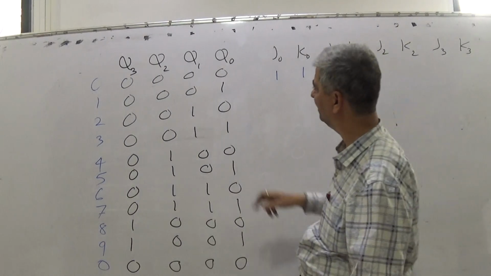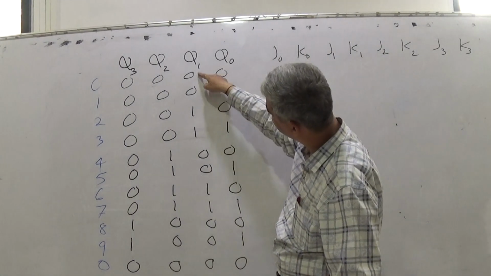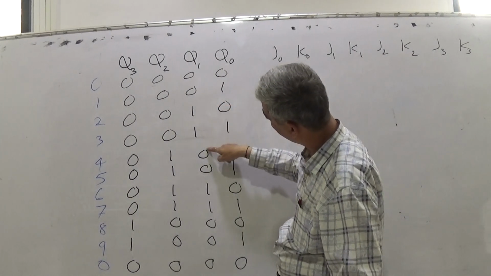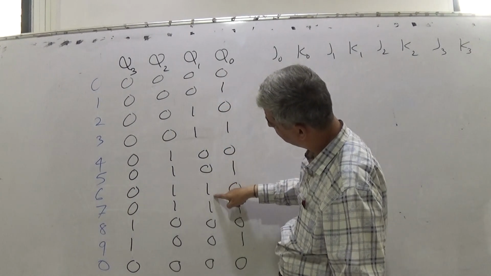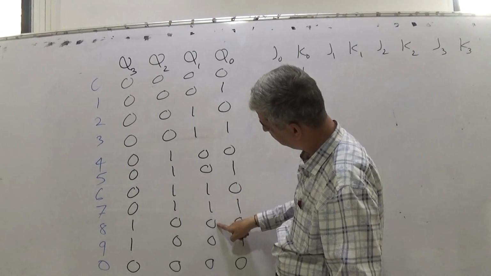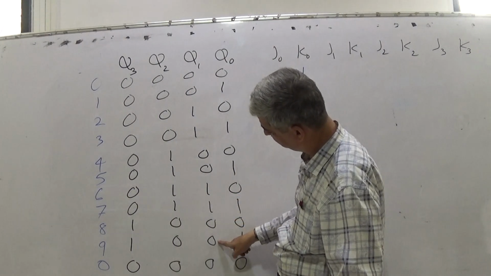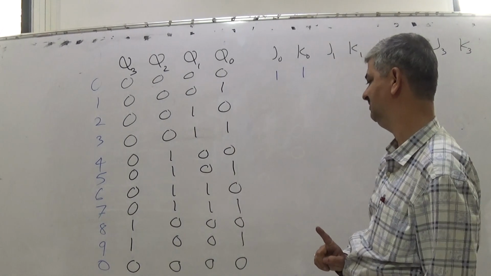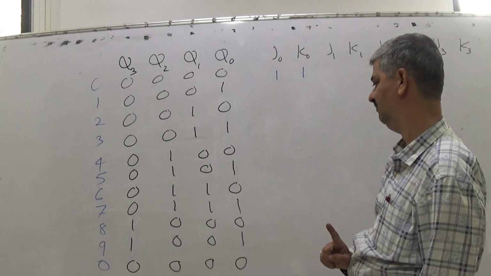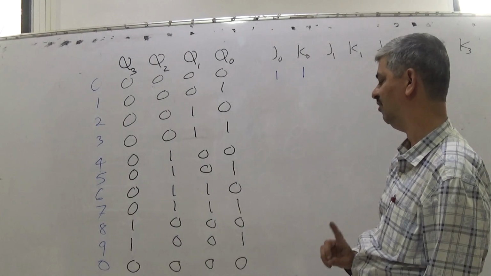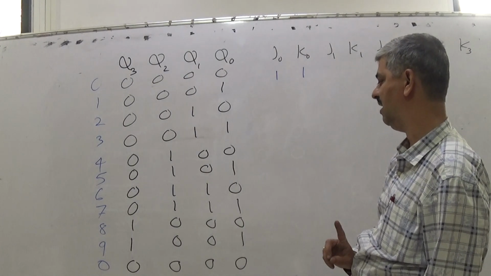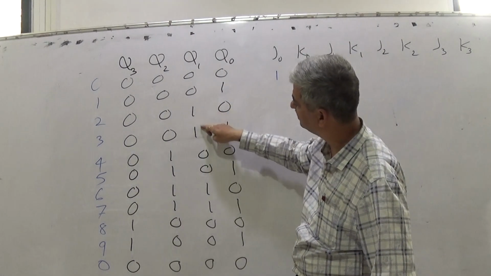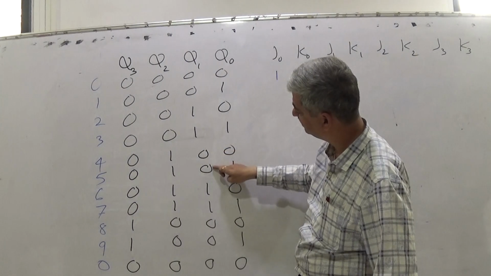Now if you look at Q1, same, toggle, same, toggle, same, toggle, same, toggle, same. Now here there is one problem, and that problem is that after 9, same, toggle, same, toggle, same.